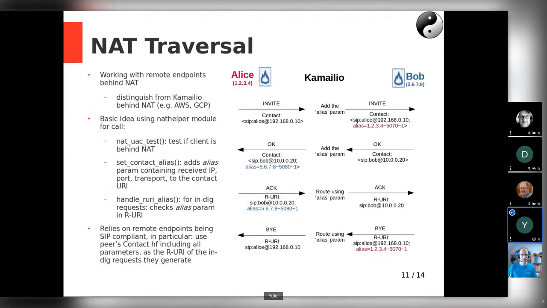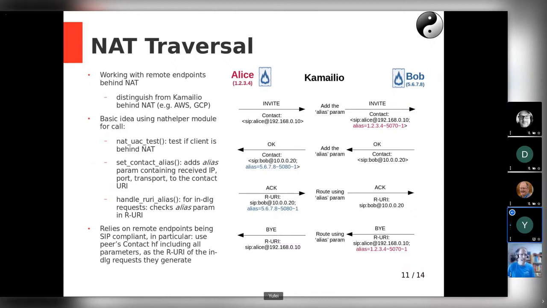Okay, and NAT traversal. This is for Kamailio to work with remote endpoints behind NAT, rather than Kamailio itself behind NAT, which is what you would see when you deploy in a cloud deployment. In order to work with NATed endpoints, you could use a NAT helper module, for example. The basic idea is that it uses a function for checking whether the client is behind the NAT.